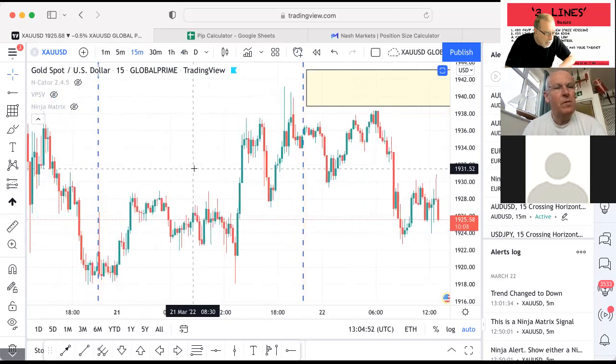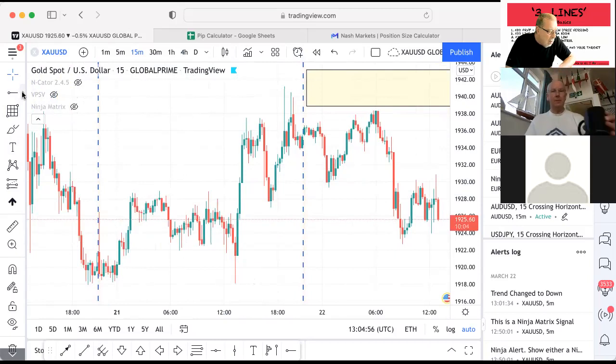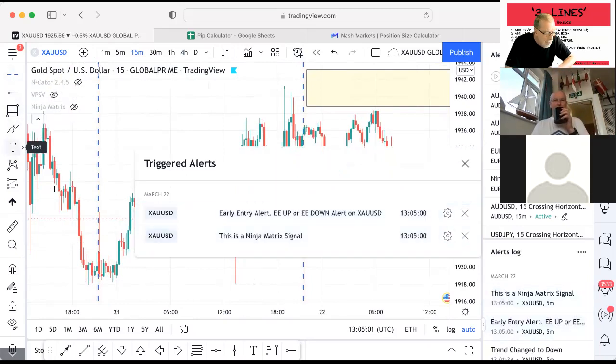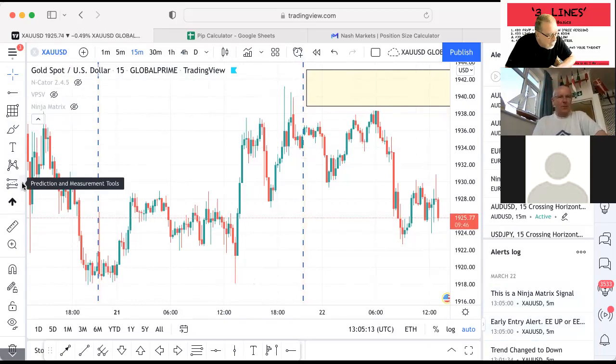So for the 3-line strategy, I go down this. If you look at this left-hand channel here, I've got 1, 2, 3, 4, 5, 6, the 7th icon down. If you just hover over the arrow, it says prediction and measurement tools.